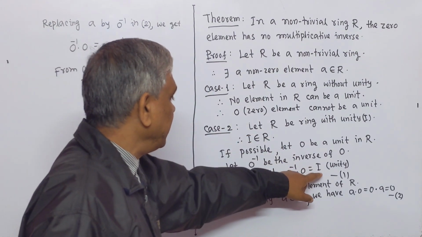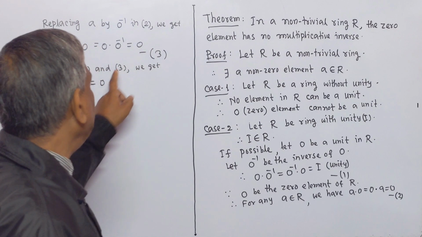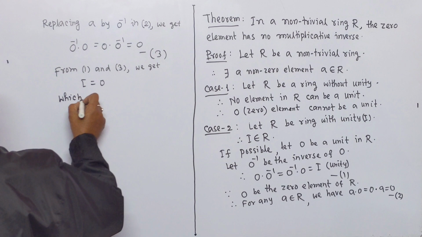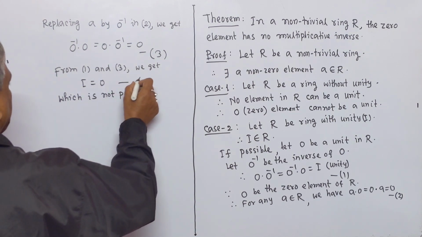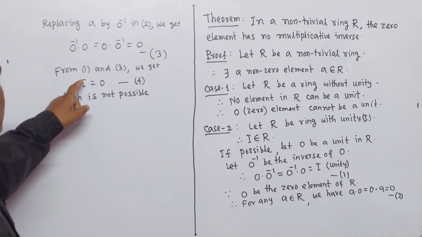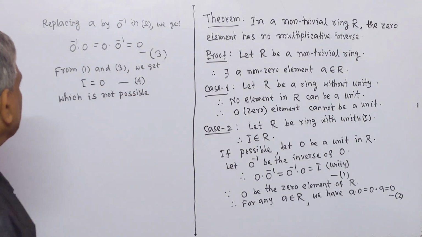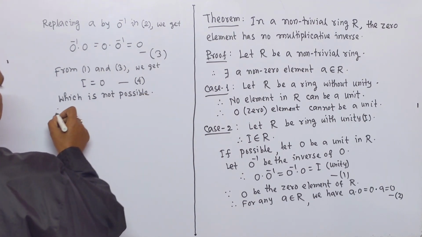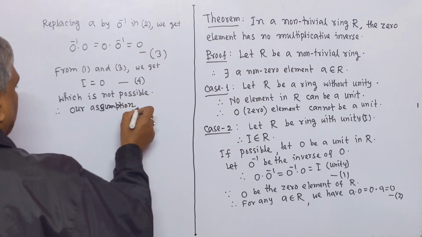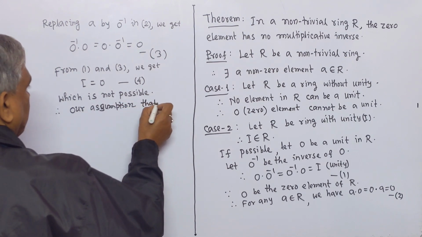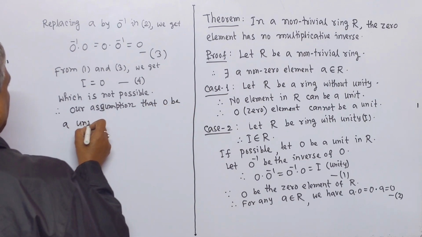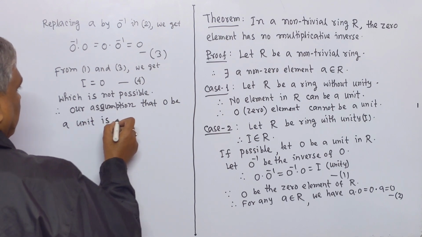Here right side is unity I, therefore I equal to 0, which is not possible, because we have already proved that unity not equal to 0. Therefore, our assumption that 0 be a unit is wrong.